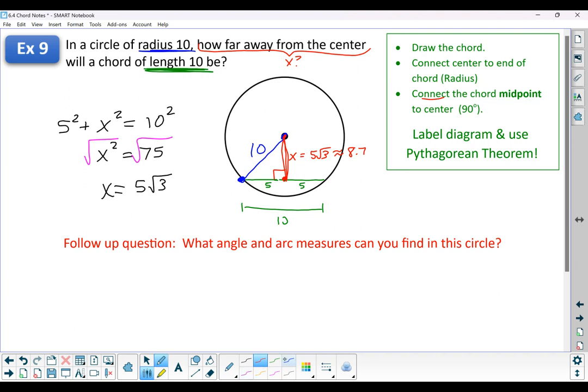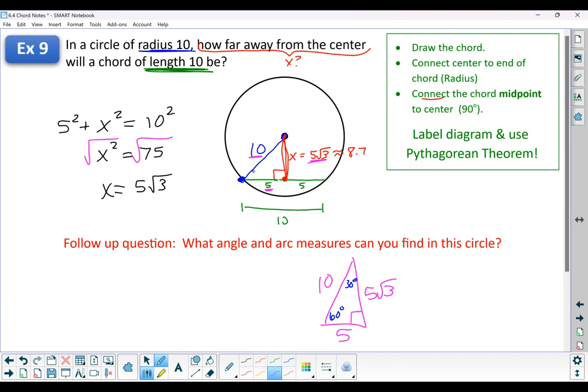So follow-up question, are there any angles and arcs in this circle that you might know? And I was kind of hoping you would notice that this is one of our special triangles. If it's 5, the hypotenuse is 10, and this height is 5 root 3. This one's a little more drawn to scale. This is a 60-degree angle and a 30-degree angle.